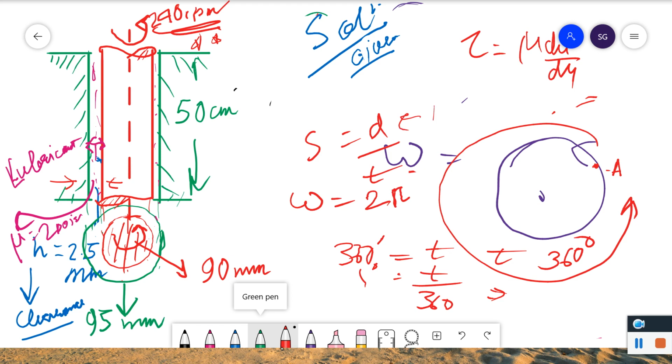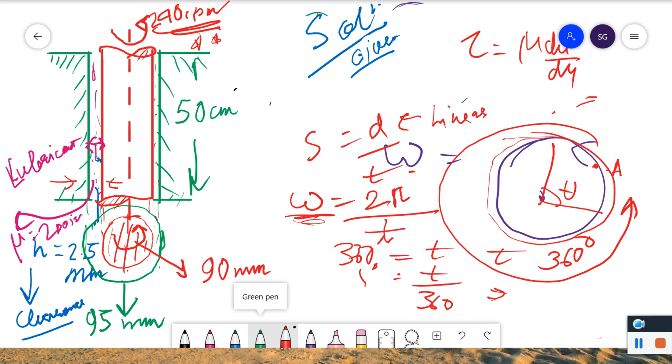Here we are considering the linear distance, that is this part. And when you talk of omega, we are just concerned about the angle. Say it has traveled this theta. So this will be 2 pi upon t.